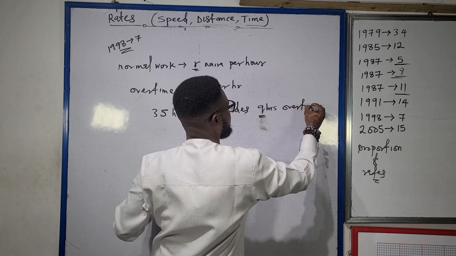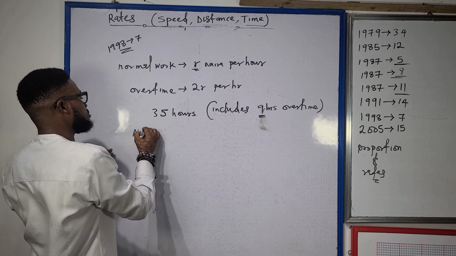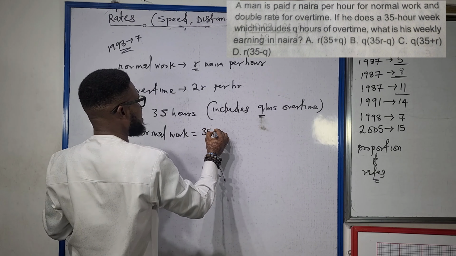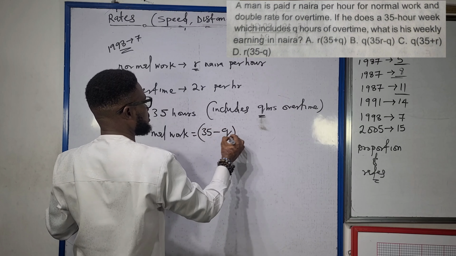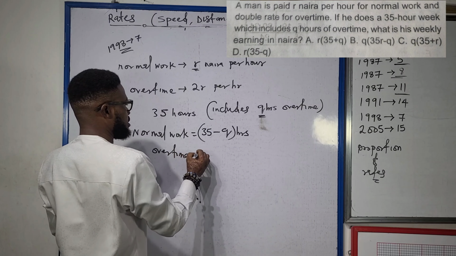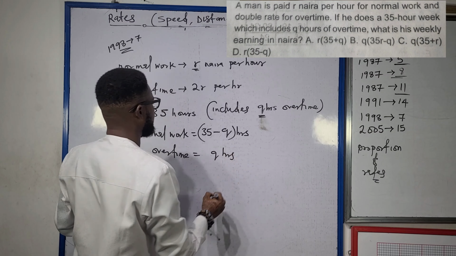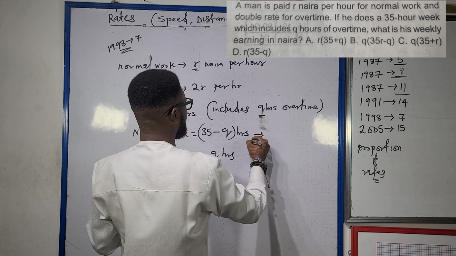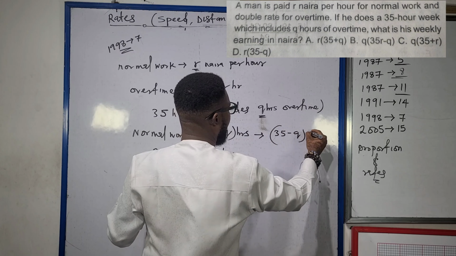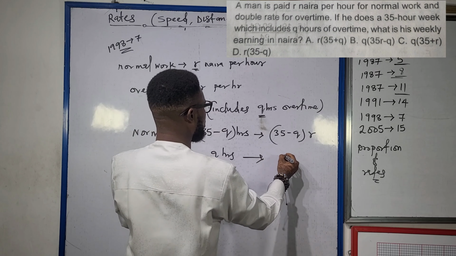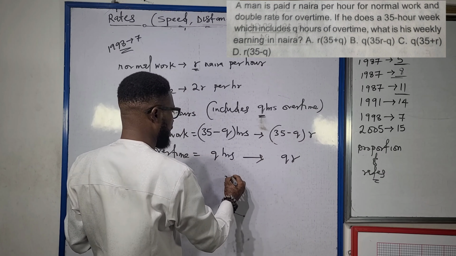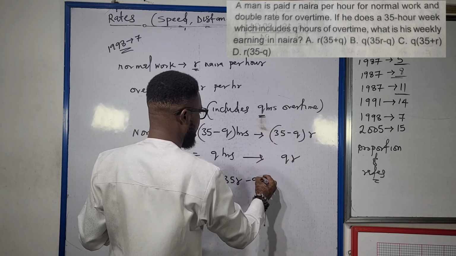So it means that the normal work hours are going to be 35 minus Q hours, and the overtime is going to be Q hours. So when we look at what the wage will be, it is 35 minus Q times R, and what the wage will be here is going to be Q times R. So what you have here is 35 times R, that's 35R minus QR.